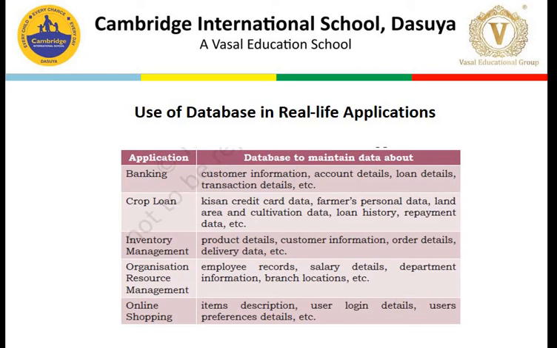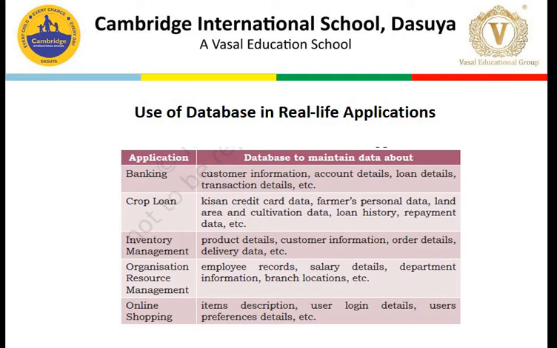Here we manage our stocks: how many products are in our godown, how many we have sold, how many are remaining, and at which date we need to reorder fresh stocks. Then we have organizational resource management. Organizations use databases for employee records, salary details, department information, branch locations, and so on.